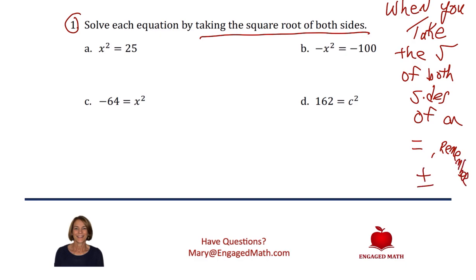So the side without the variable in each one of these would get the plus minus. So for this first one, x equals plus or minus 5, meaning there are two answers.